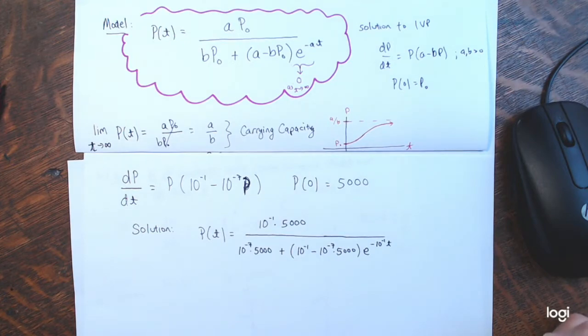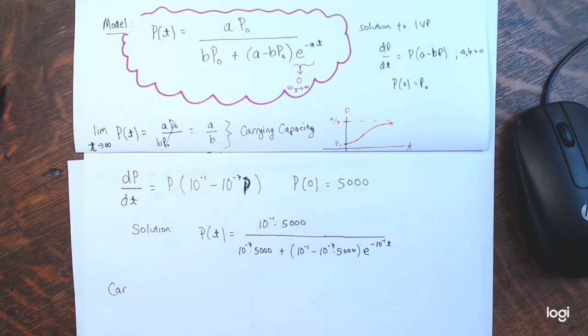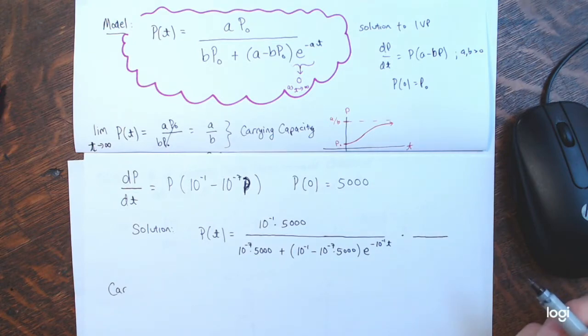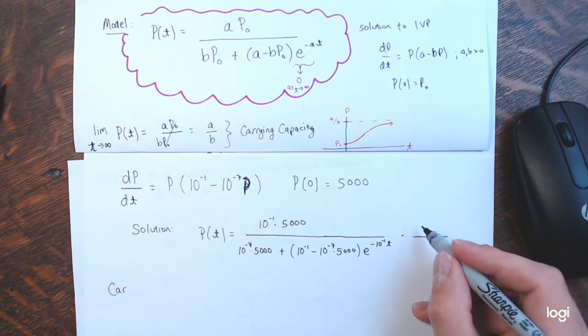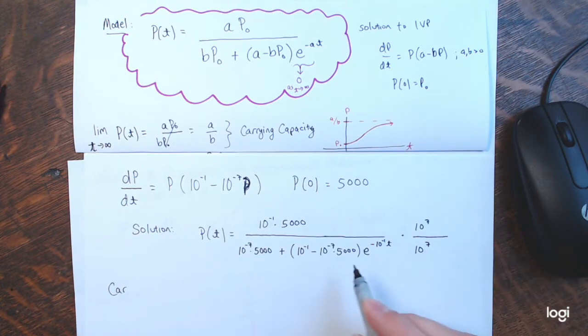Okay, now that carrying capacity, I guess you could leave it like this or simplify it if you wished, but actually I'm going to multiply the top and bottom by just 10 to the 7th, just to get rid of that 10 to the negative 7th. And we'll see what happens.